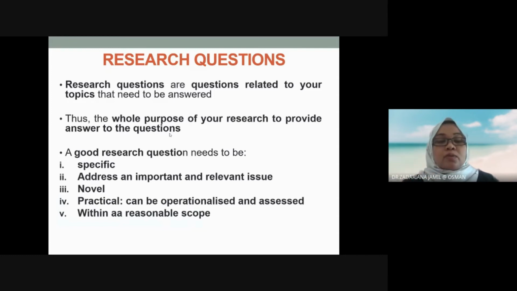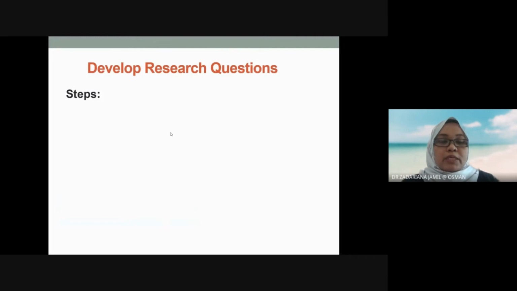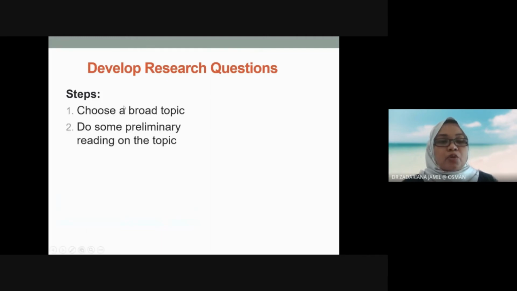So how to develop research questions? The first step is to choose a broad topic, a broad topic of your research area. Do some preliminary reading on the topic to find out the research problem.